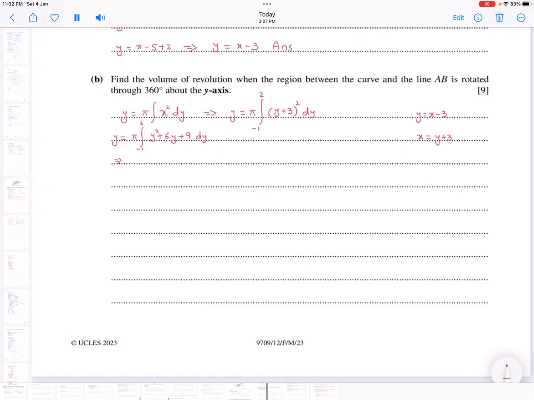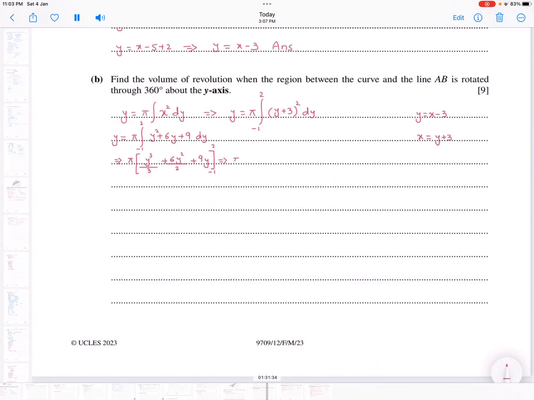Now integrate, keeping the pi, which is a constant, at one side. So y square becomes y cubed by 3, and 6y becomes 6 into y squared over 2, and then 9 becomes 9y. So this is the integration. Limits are from minus 1 to 2.